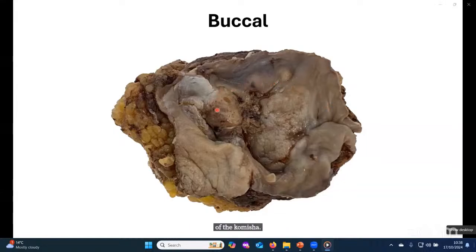This is the buccal mucosa, which extends into the sulcus both superiorly and inferiorly. When we look at the posteromedial tissue, this represents mucosa from the alveolar ridge and retromolar region, and superiorly this mucosa is from the tuberosity.